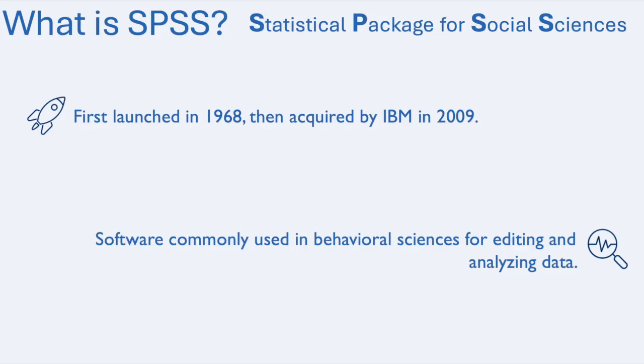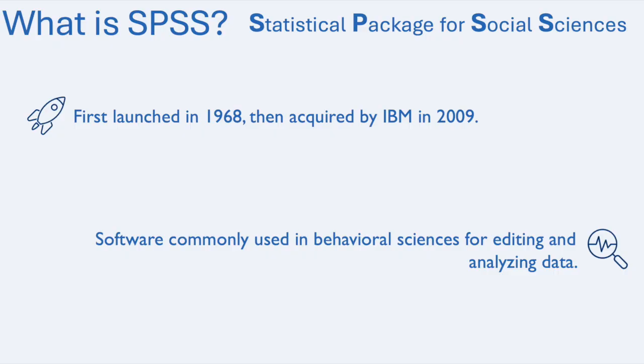So SPSS stands for Statistical Package for Social Sciences. And SPSS was first launched in 1968, and then later in 2009, it was acquired by IBM.